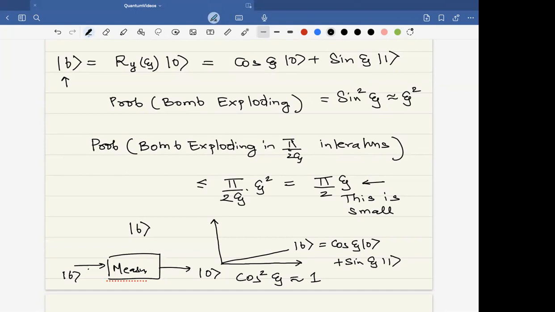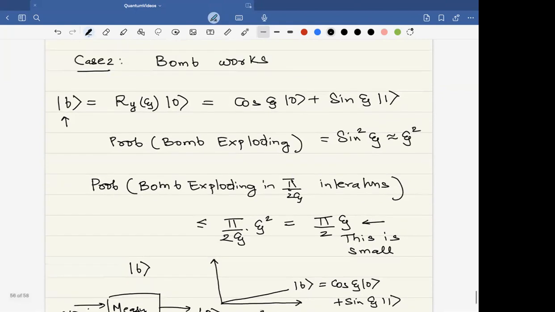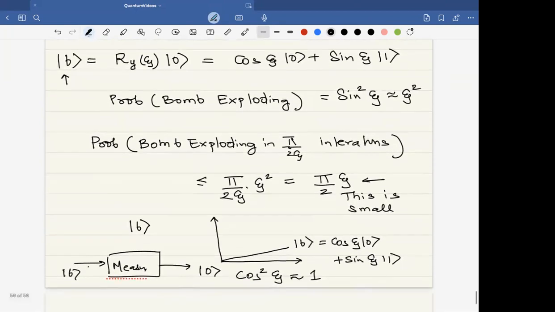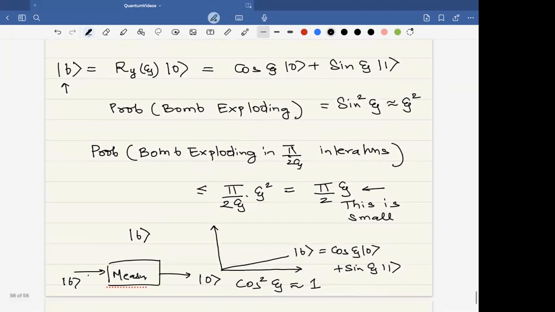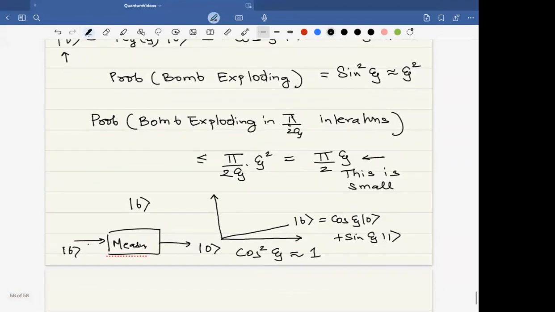So what we have done is that if we get the final state and you measure a 1, then it's definitely the bomb is faulty. Okay, sorry. If I measure a 1, there is a small possibility of misreading whether the bomb is faulty or not.